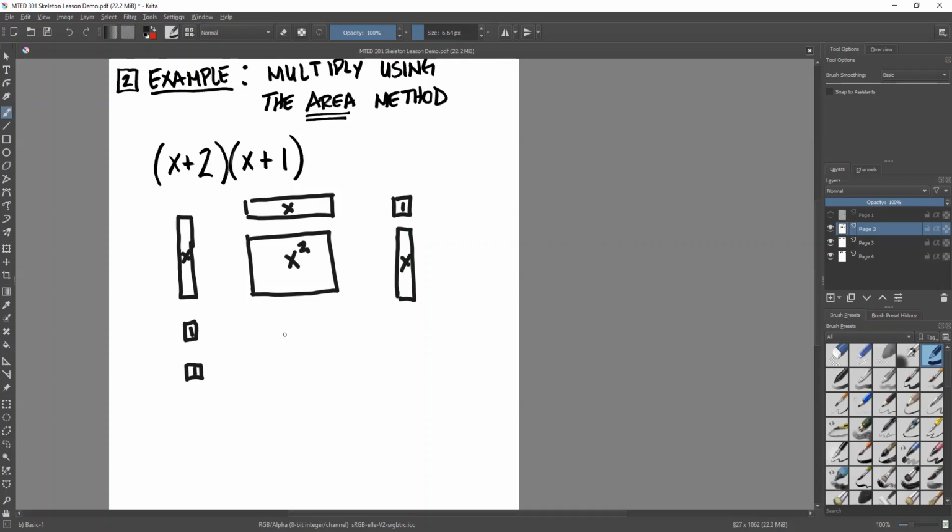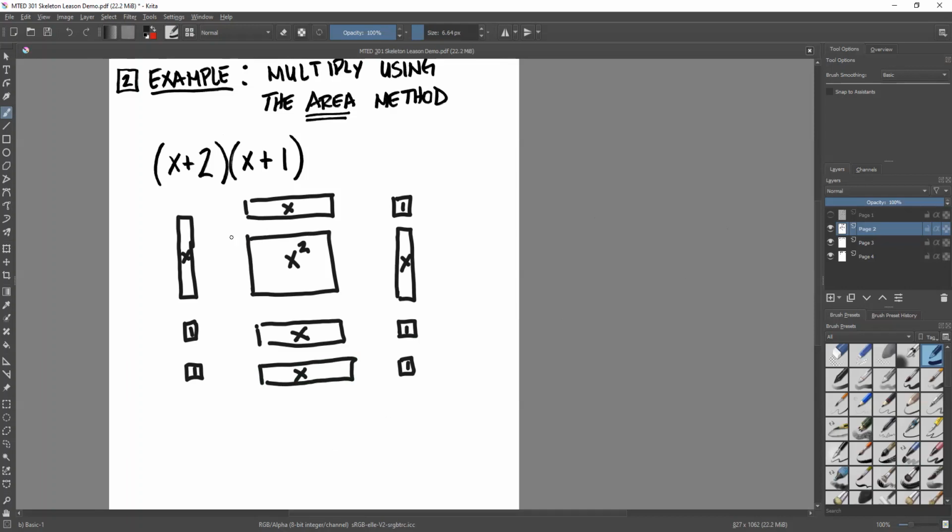Then let's go along here. x times 1 is another x tile. We have 1 times 1, that's going to be 1. 1 times 1 is 1. And then last, x times 1, another x.